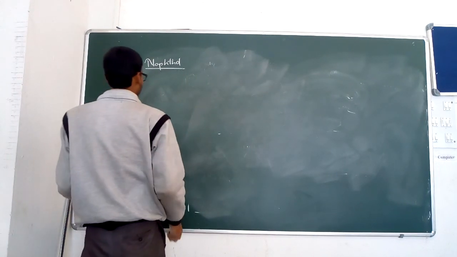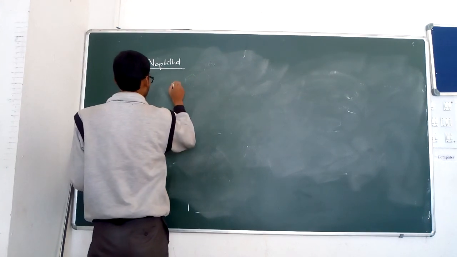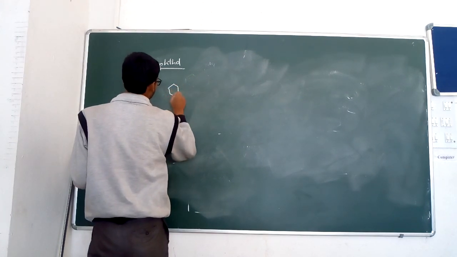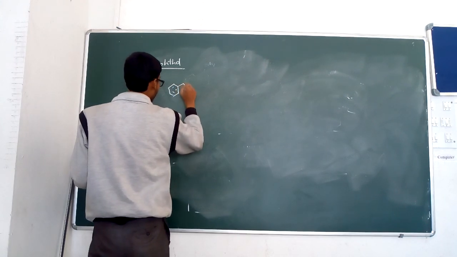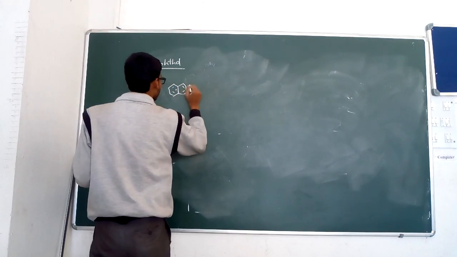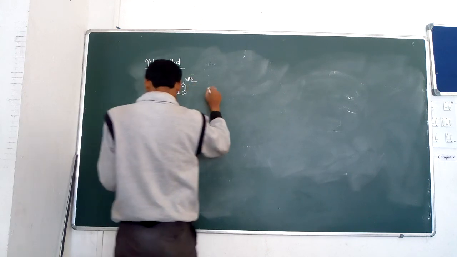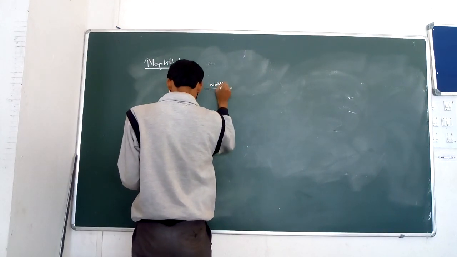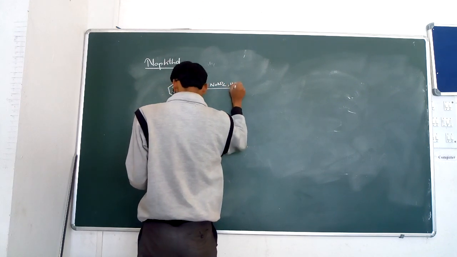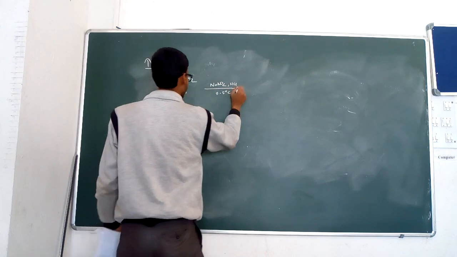Now let's see the diazotization reaction. Both alpha and beta naphthylamine are susceptible to diazotization in the presence of sodium nitrite and HCl at 0 to 5 degrees Celsius.